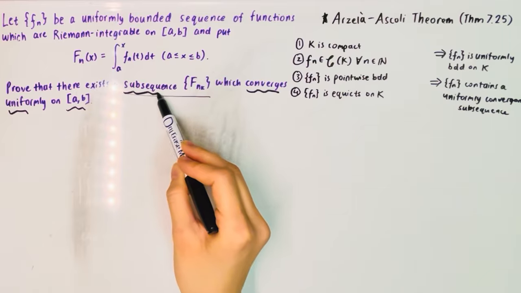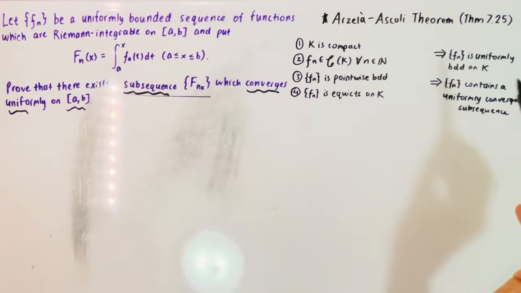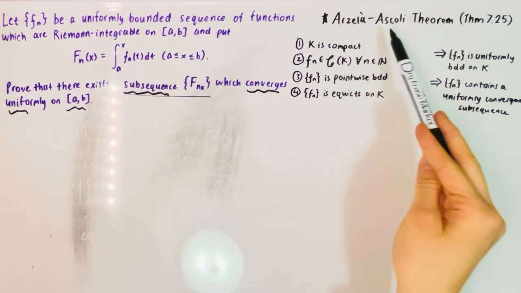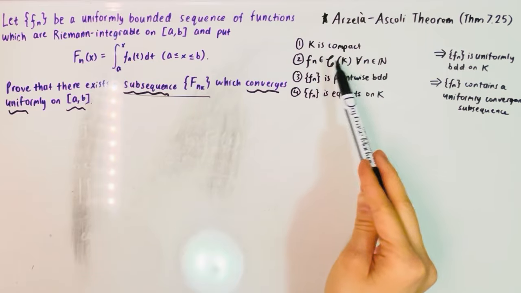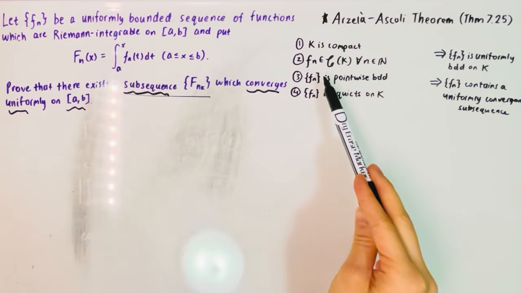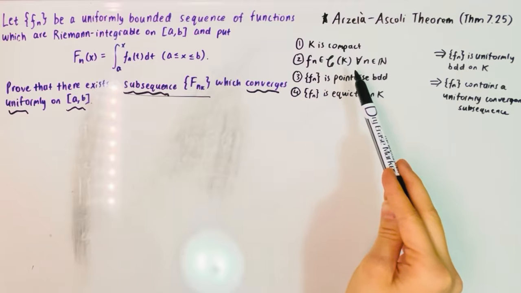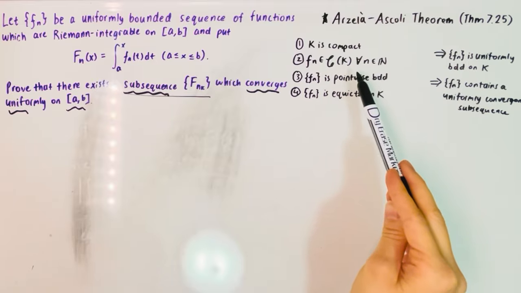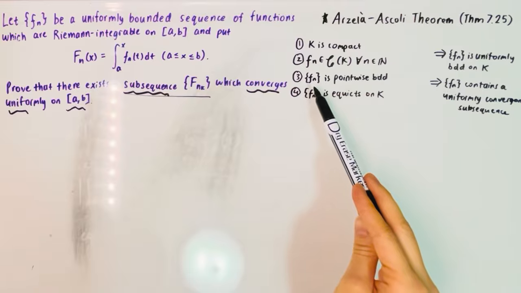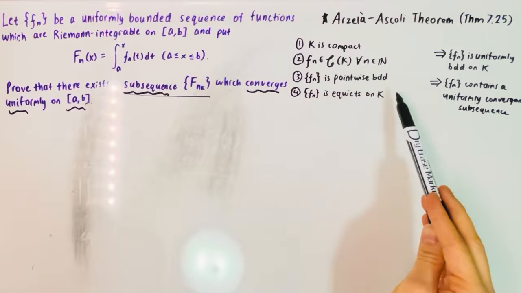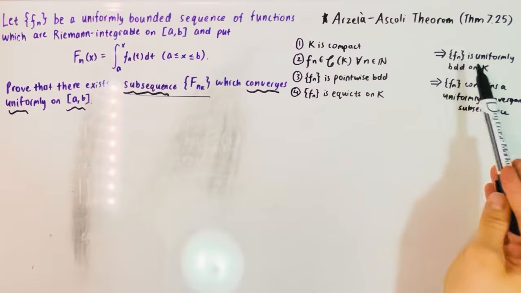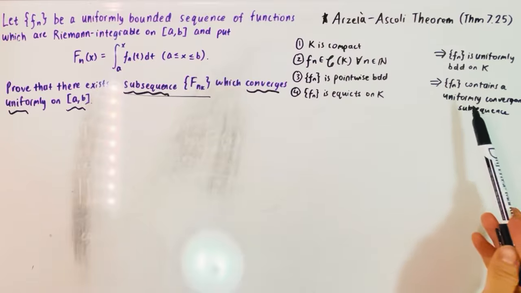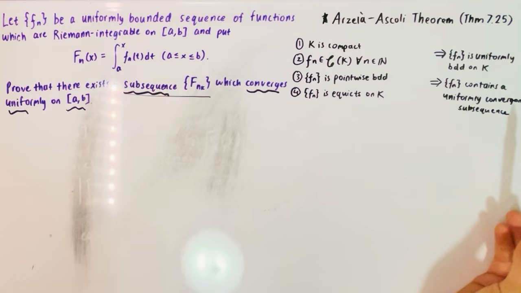And once we see this compact interval and we see uniform convergence, and of course this subsequence part, that immediately makes us think of Arzelà-Ascoli, which tells us that if K is compact, if f_n is part of the continuous real-valued or complex-valued functions, and f_n is pointwise bounded and equicontinuous on K, then that tells us that it's uniformly bounded on K, and also that this sequence contains a uniformly convergent subsequence.